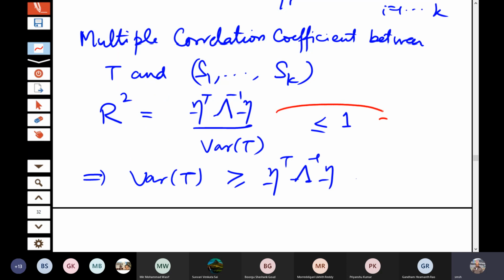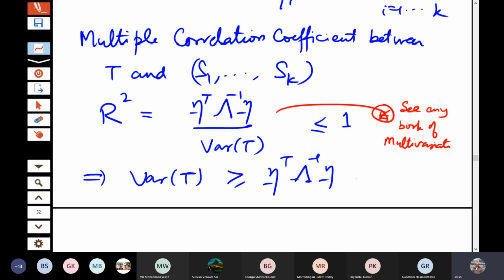This formula for the coefficient of correlation, you can just see any book on multivariate. Or maybe I can give the expression in the next class. I will just give you some sort of interpretation for this multiple correlation coefficient. Although you will be doing it in some other courses also, like regression analysis.